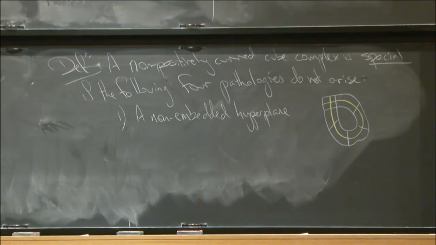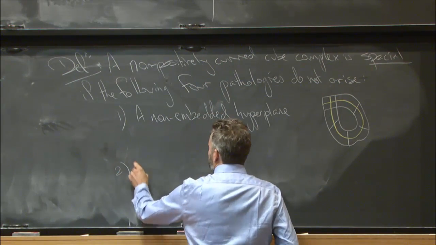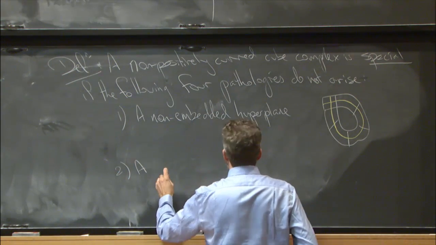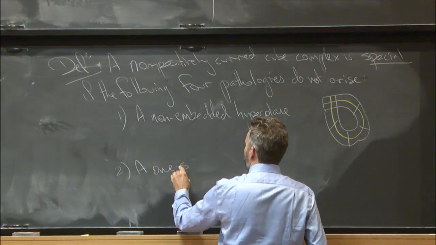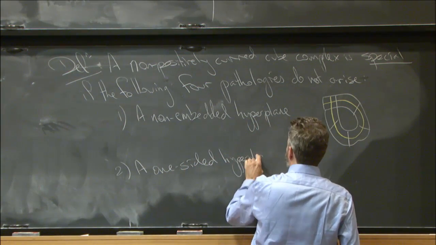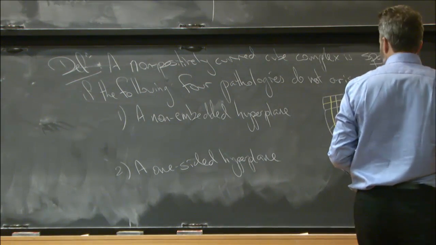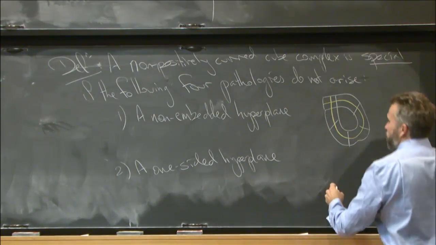Okay. What we'd like to do with these hyperplanes is they're nice codimension 1 things. We'd like to cut along them and apply Van Kampen and maybe induction. Okay. So, a one-sided hyperplane. These are the things that I'm excluding, and if none of these 4 things happen, then it's going to be called special.